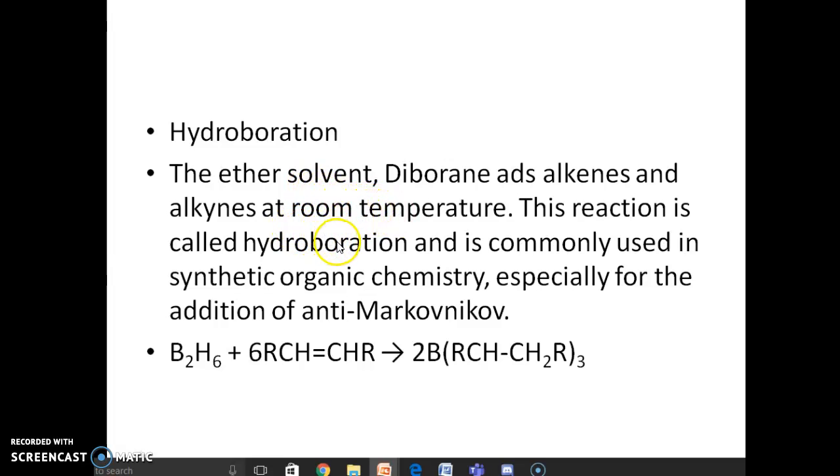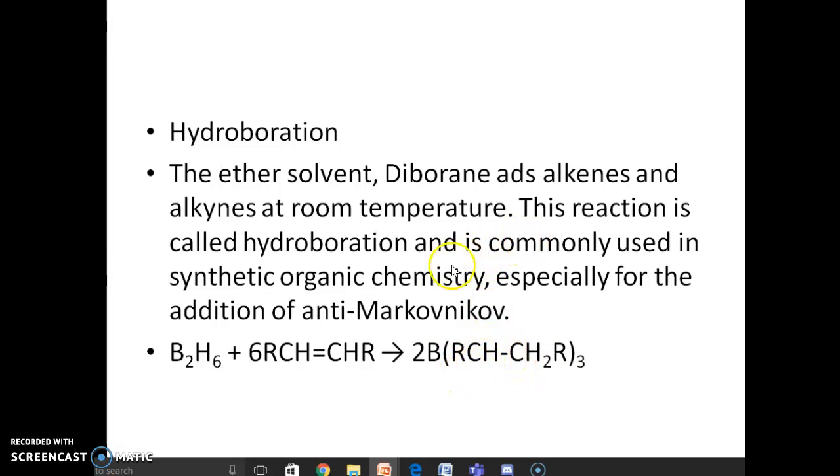This reaction is called the hydroboration reaction, which is commonly used in synthetic organic chemistry, especially for the addition giving the anti-Markovnikov product. So B2H6 plus 6RCH=CHR giving 2B(CH2CH2R)3. This is the adduct which is obtained, and after hydrolysis it gives the corresponding alcohols.